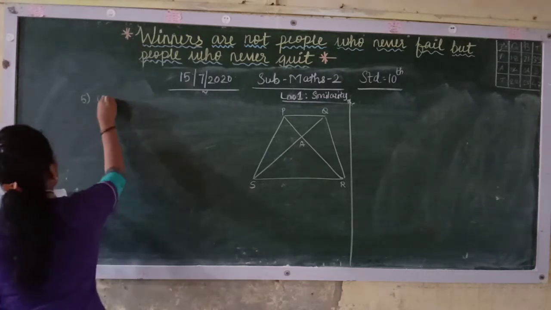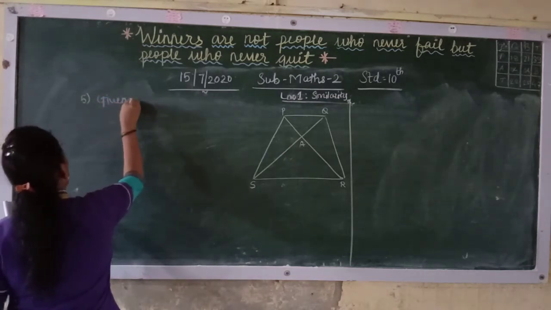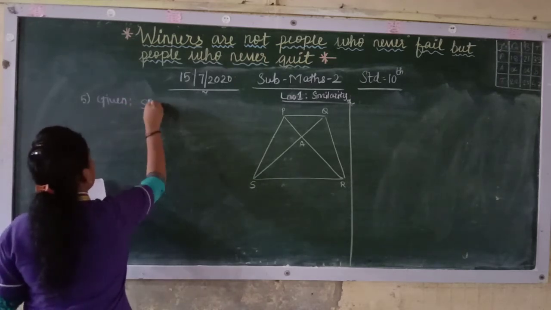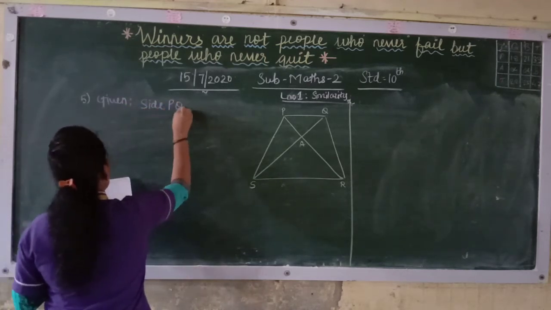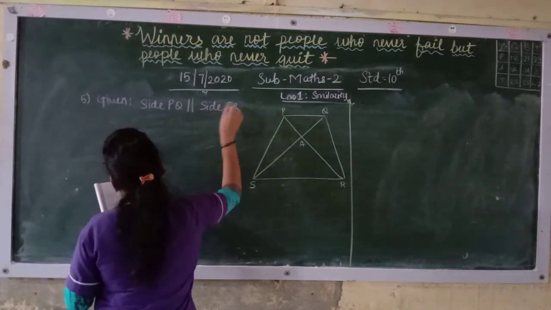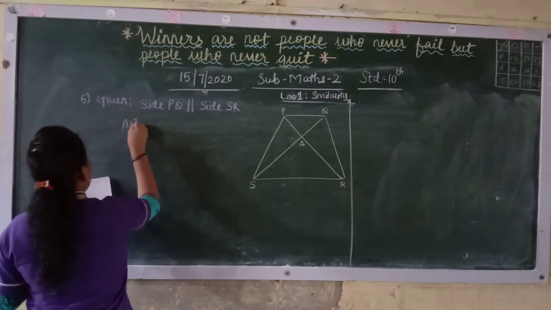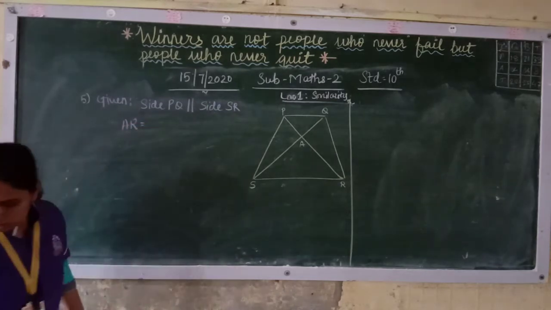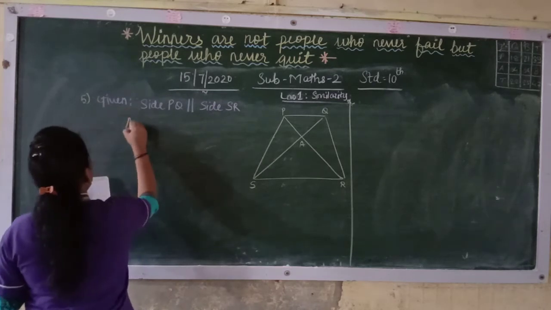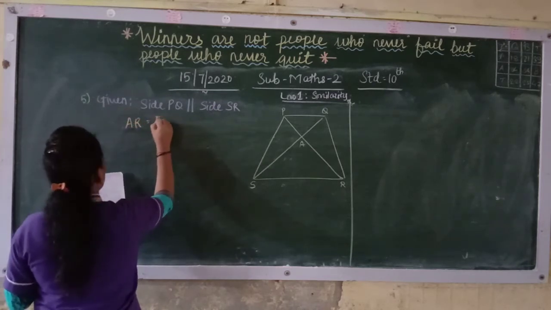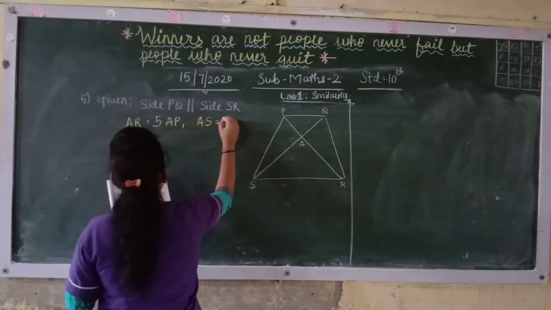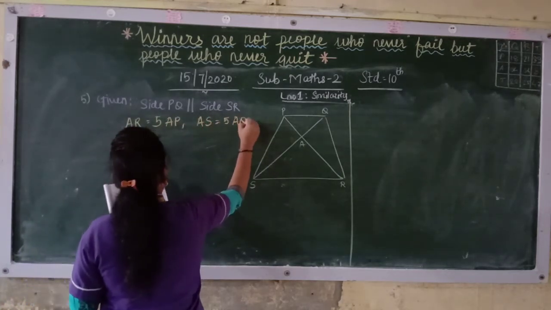So first write down what is given. Given that side PQ is parallel to side SR, and given that AR is equal to 5 AP and AS is equal to 5 AQ.